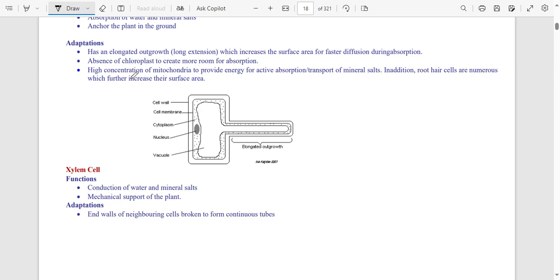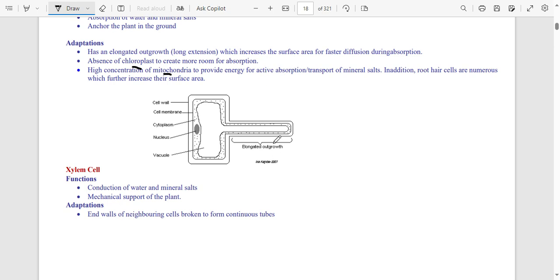And then the other thing is that there are no chloroplasts. So the absence of chloroplasts will make sure that there is more space for absorption, more space to accommodate water, more space to accommodate nutrients, so that those can be pushed and taken up the plant. And then there's also a high concentration of mitochondria, because you need energy.